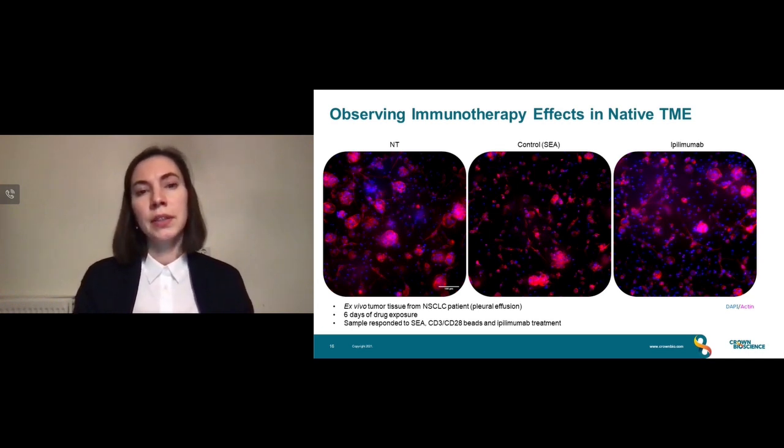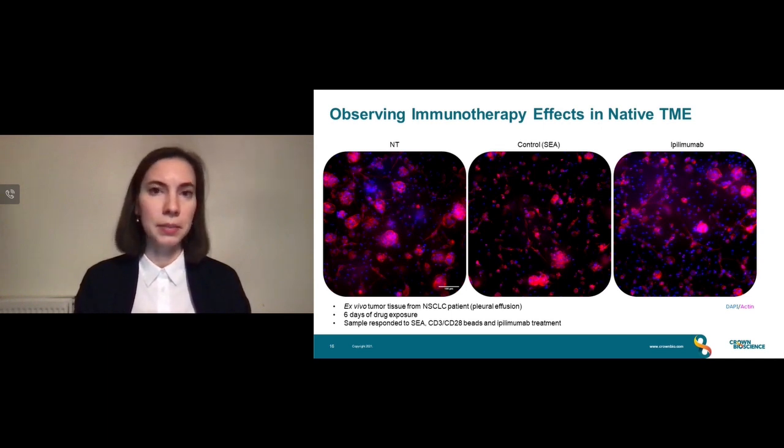And we also see an increase in the numbers of single cells or immune cells. The sample was also responding to a checkpoint inhibitor, ipilimumab, and we have seen a similar phenotypic response from this treatment as well, where we could see a decrease in tumor fraction and increase in the single cell fraction.